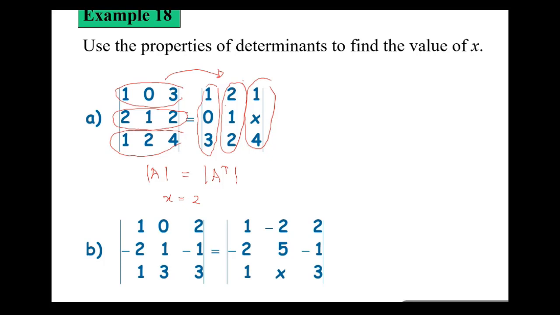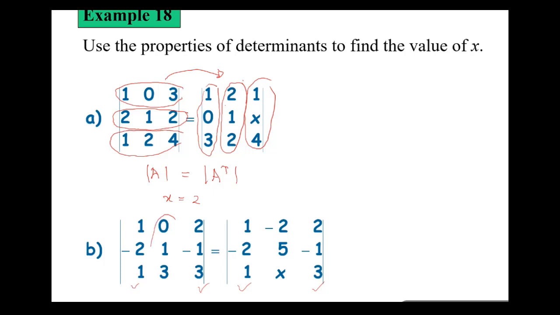For the second question, we have the determinant of 1, 0, 2, negative 2, 1, negative 1, 1, 3, 3 equal to the determinant of 1, negative 2, 2, negative 2, 5, negative 1, and 1, x, 3. Here we can see that the elements in the first column are equal and the elements in the third column are also equal.